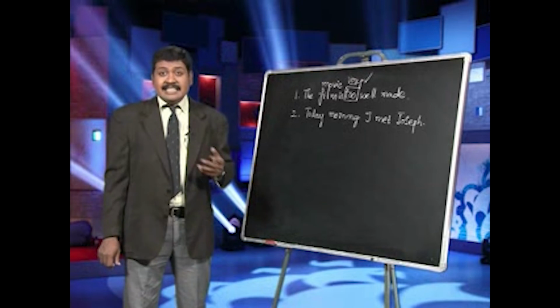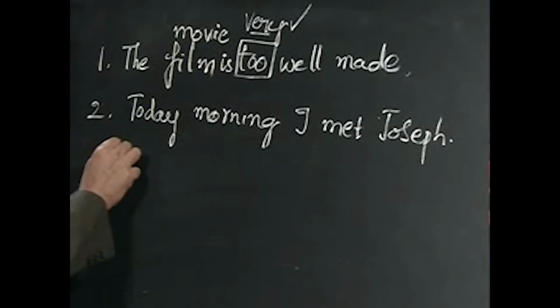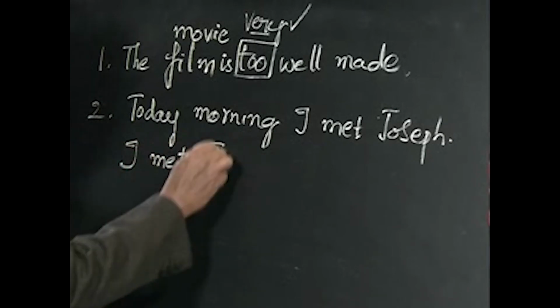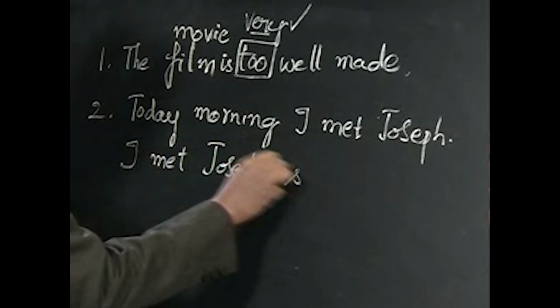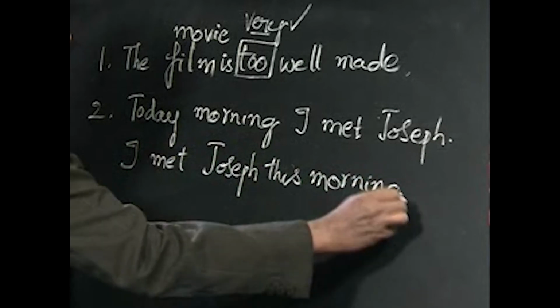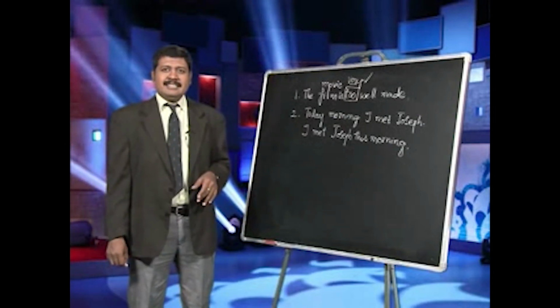Well, in sentences like this, you better say "I met Joseph this morning" instead of saying "today morning I met Joseph." I met him this morning, or I met Joseph this morning. This would be better. Right?